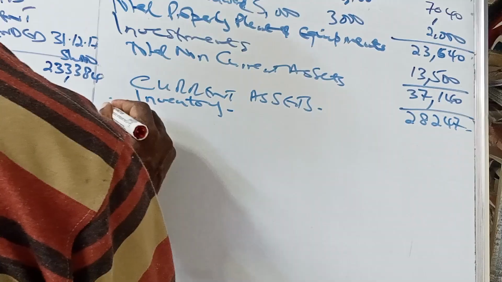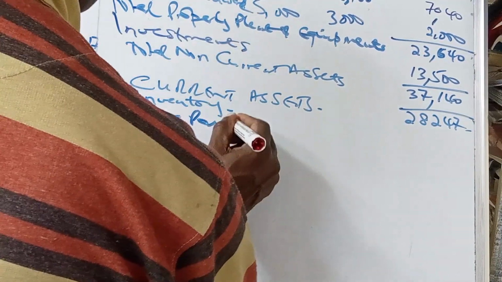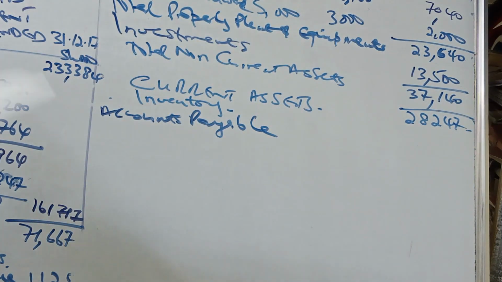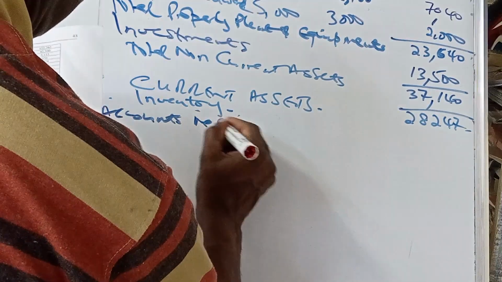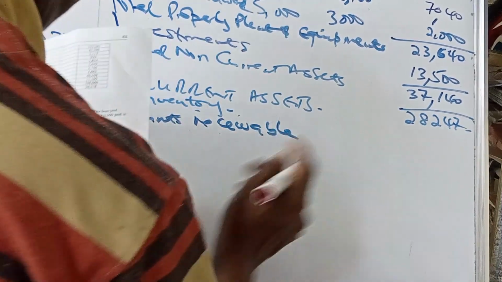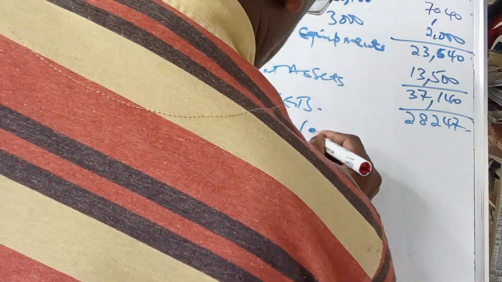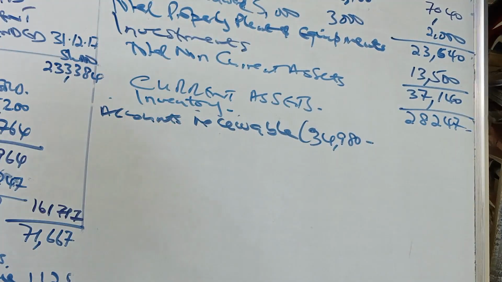Then we come to accounts receivable. From our trial balance, our accounts receivable is 34,980. But always remember to ask yourself, do we have a provision for doubtful debts?